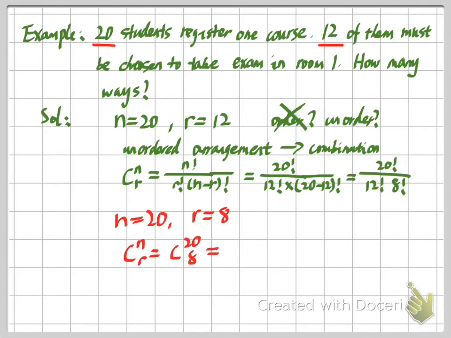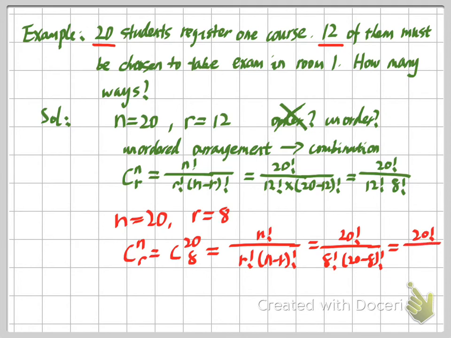So if we use the formula, we have 20 factorial, or in other words n factorial divided by r factorial times (n minus r) factorial, and this becomes 20 factorial with r equal to 8, right? If you compare this equation with the previous equation, do you find something interesting?